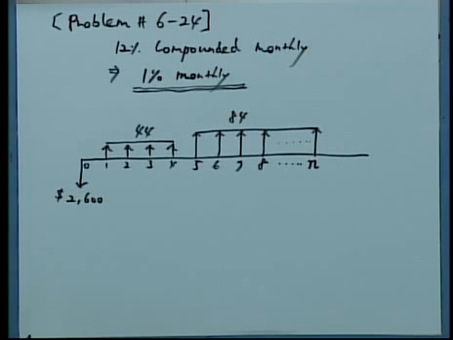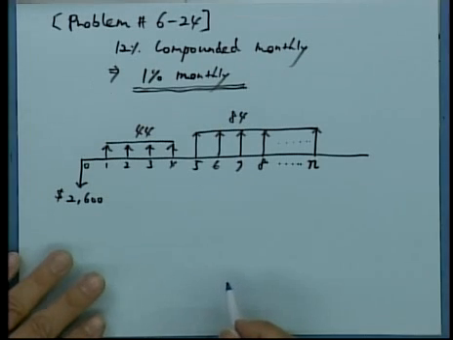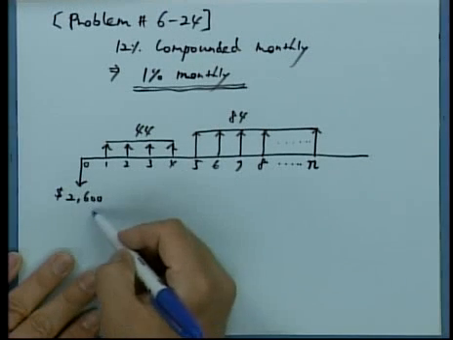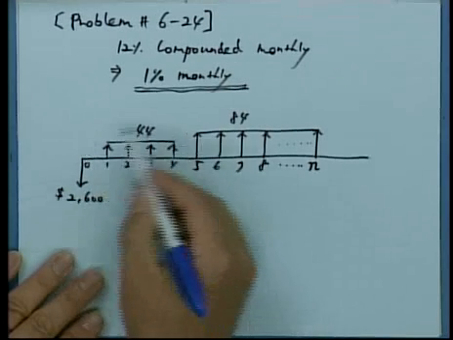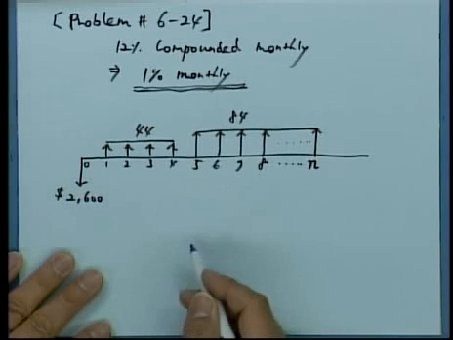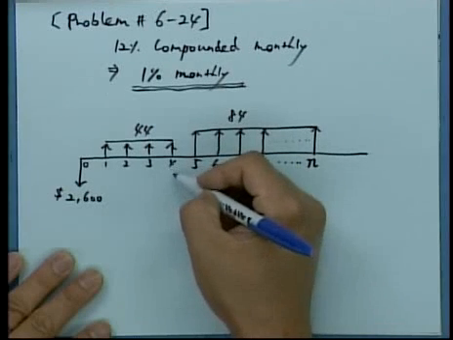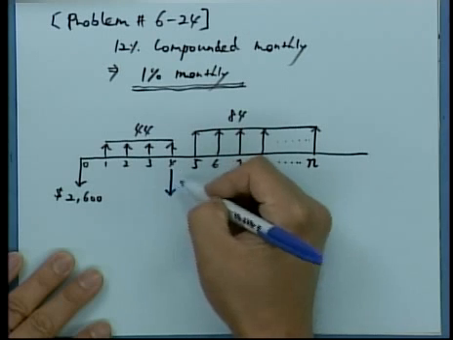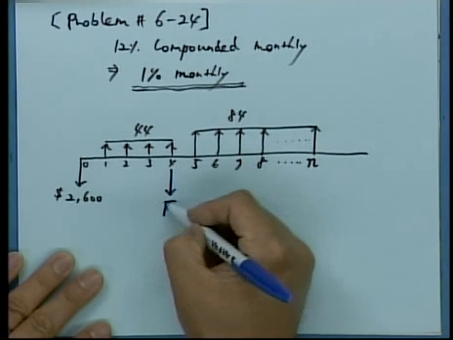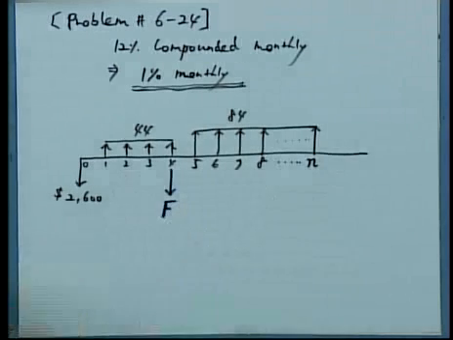So now let's compute the equivalent future sum for the $2,600 and the $44 payments, F at the end of period 4. So let's say we have F up here. Okay?